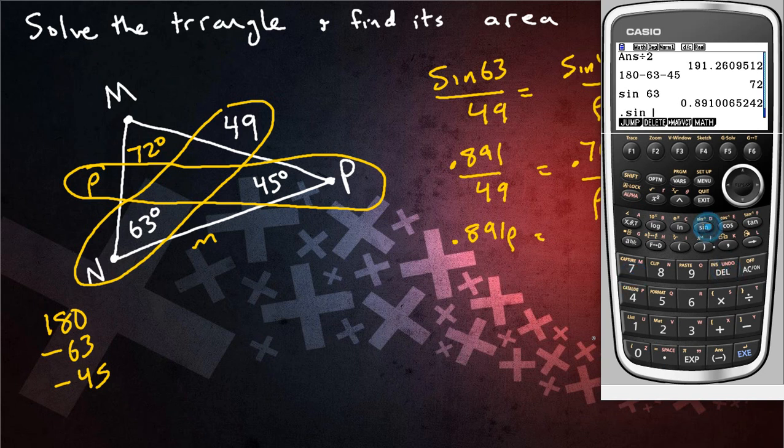Well, I'll just do sine 45, just get it in exact. Some calculators do give it exact. So times 49. All right, so 34.648.